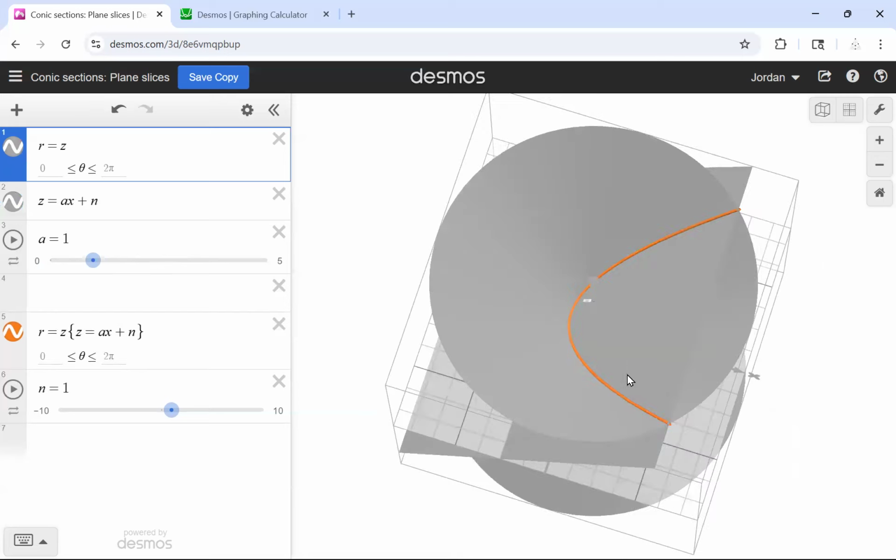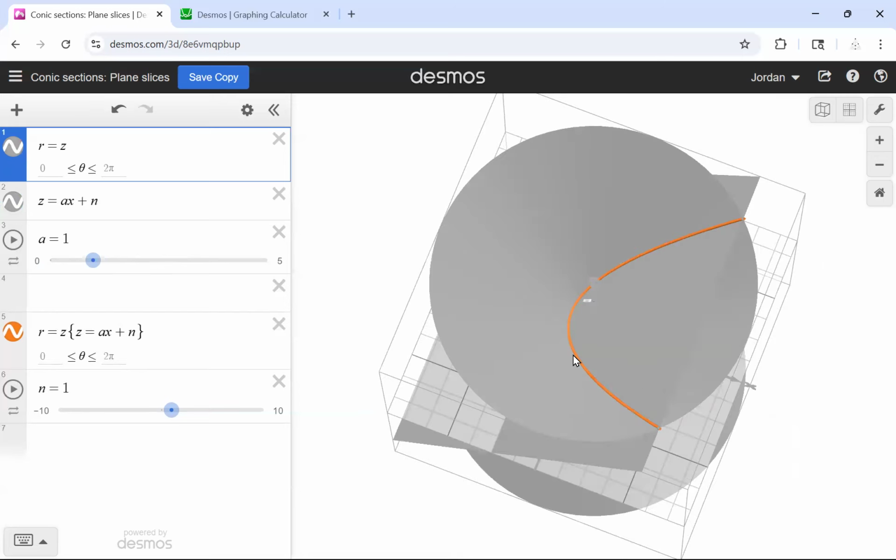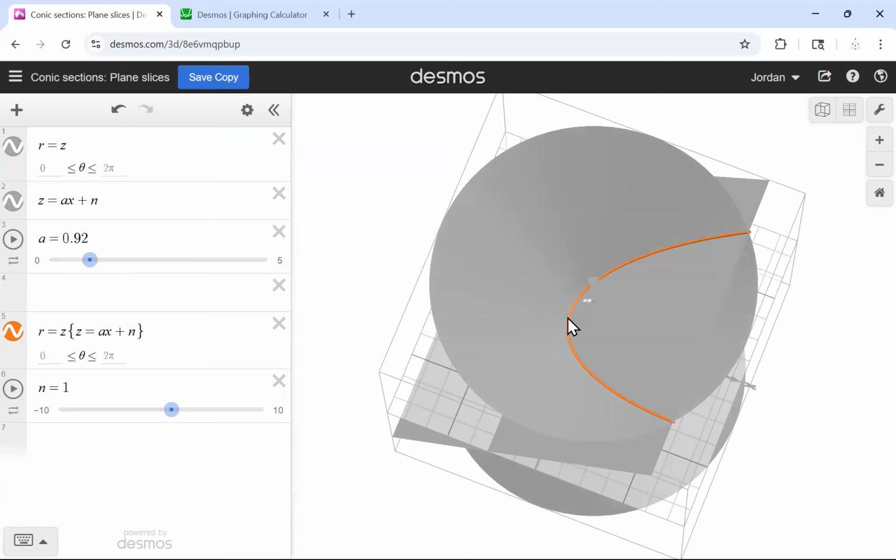That's why the corner of the ellipse, where the vertex is, looks very similar to the corner of a parabola. I say corner. Where the vertex of the parabola is and a vertex of an ellipse look very similar shapes.